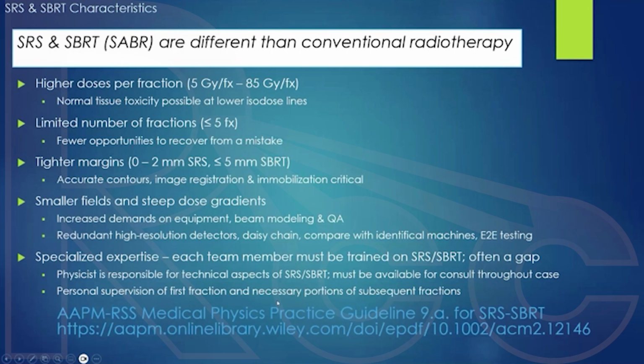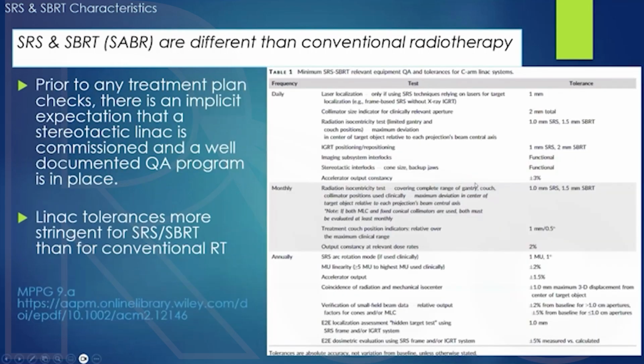And some of this guidance is laid out in the AAPM Medical Physics Practice Guideline 9.A for SRS and SBRT. So a good reference for you all to consider. Prior to any treatment plan checks or patient treatments, there is an implicit expectation that a stereotactic LINAC is commissioned and that a well-documented QA plan and program is in place.